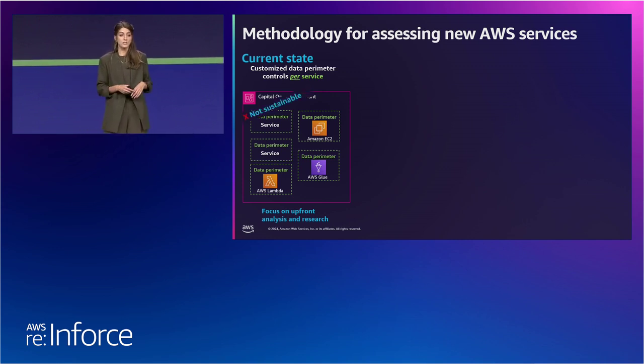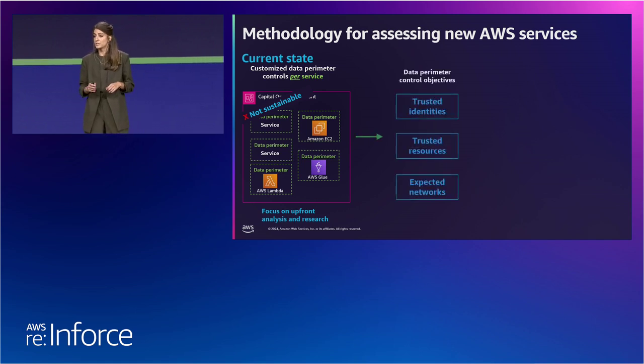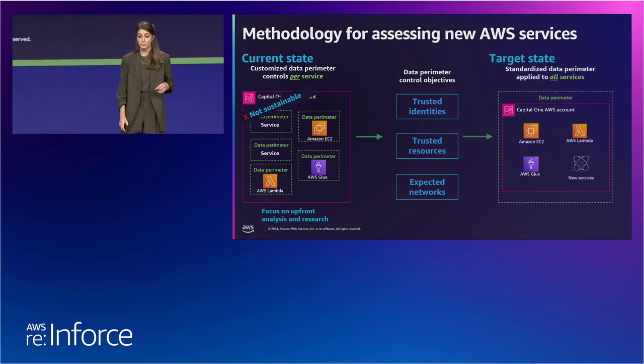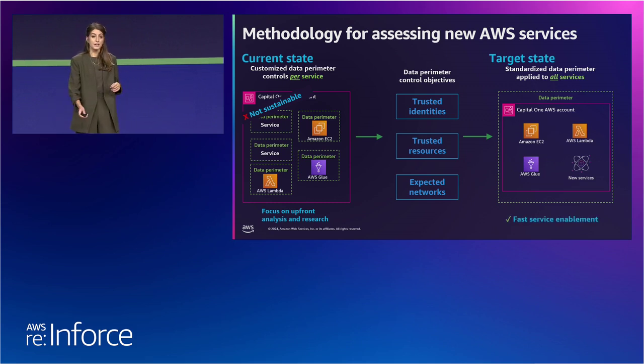And we knew ultimately this wasn't going to be sustainable. So we decided to test some of the data perimeter control objectives that Laura introduced earlier and create a standardized data perimeter that applied to all services. And we hope this would get us out of the time-intensive assessments and result in faster new service enablement.